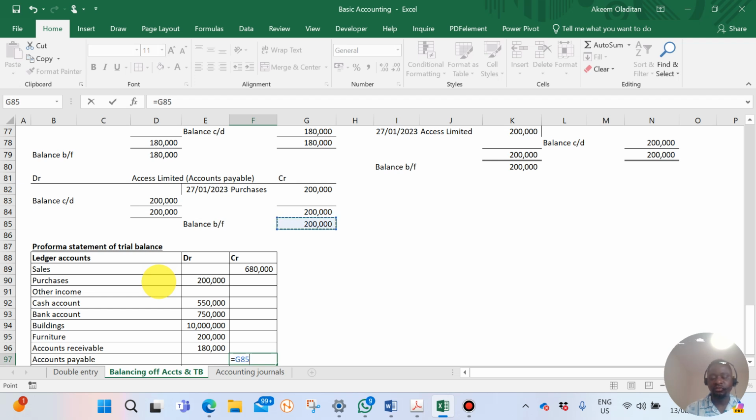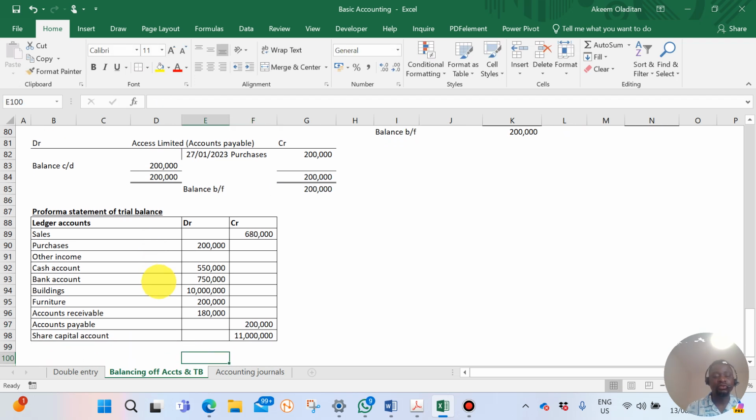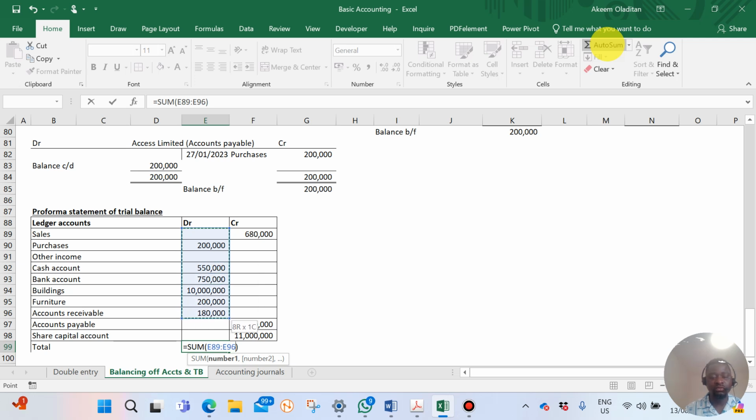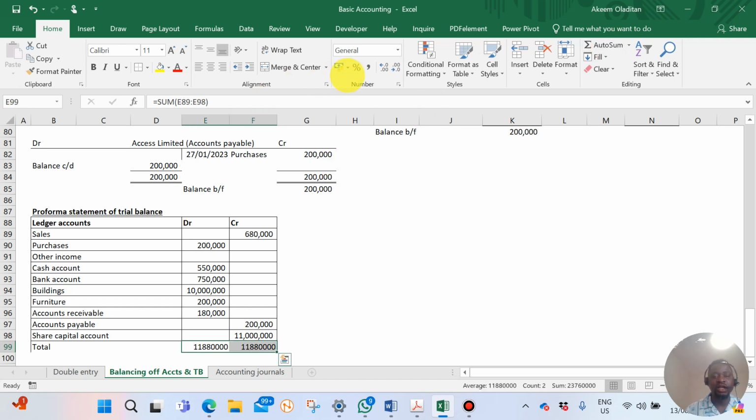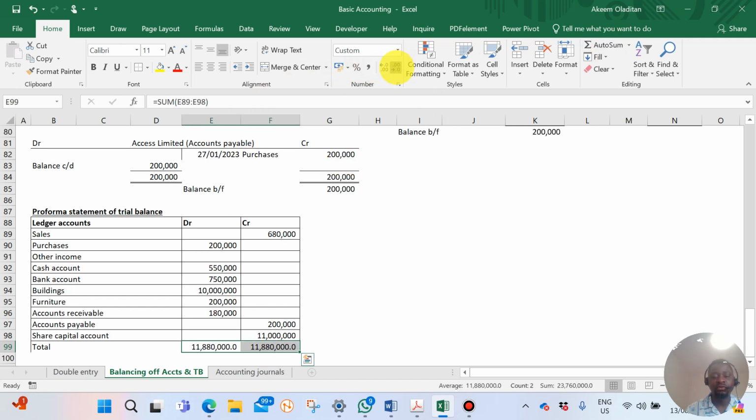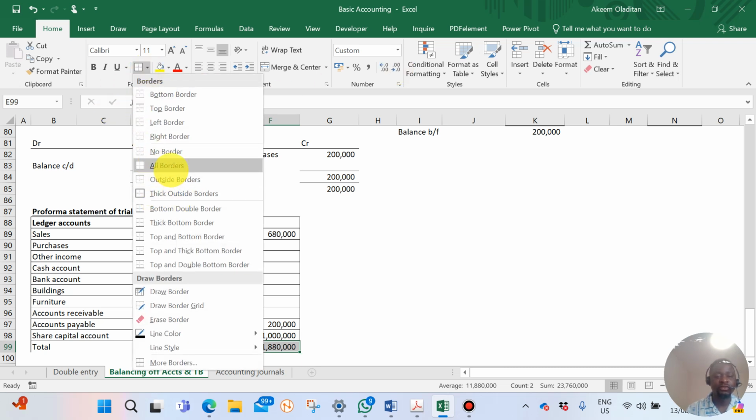So when you now do a sum total of those balances on those individual ledger accounts, they should be equal. If it's not equal, then it means there's a problem. Those accounts should be equal at every point in time. So now you see it's equal.